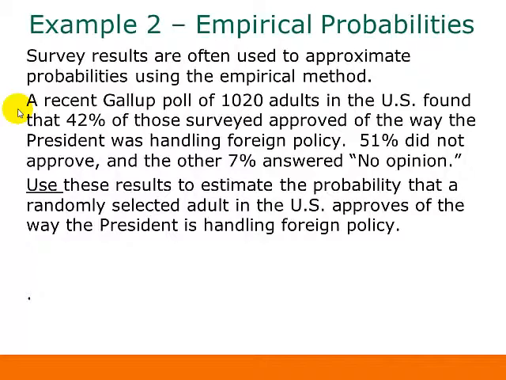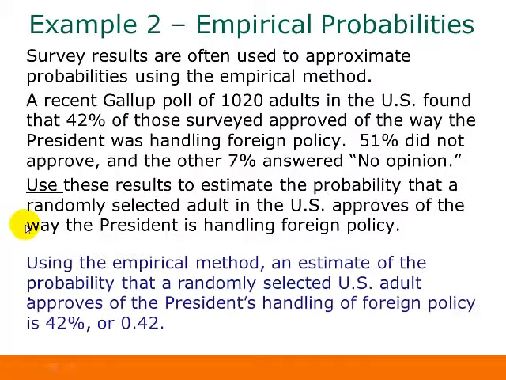Use these results to estimate the probability that a randomly selected adult in the United States approves of the way the president is handling foreign policy. So using the empirical method, an estimate of the probability that a randomly selected U.S. adult approves of the president's handling of foreign policy would be 42% or 0.42.